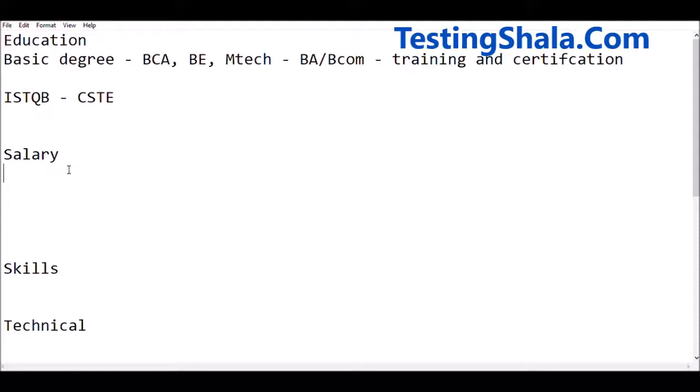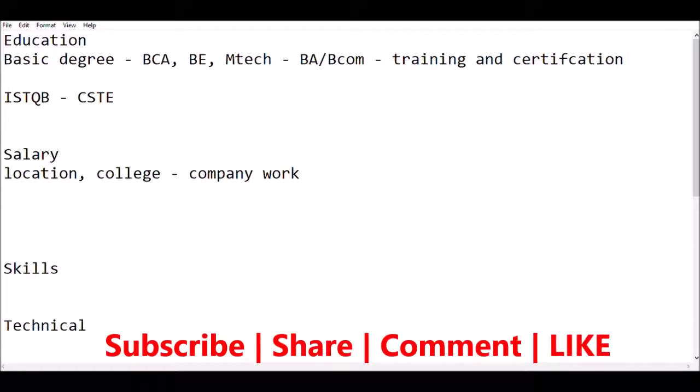Depending on the company, the location of the city, the college you have studied at, or the company you have worked at, all these things will be taken as a base for giving you the salary.